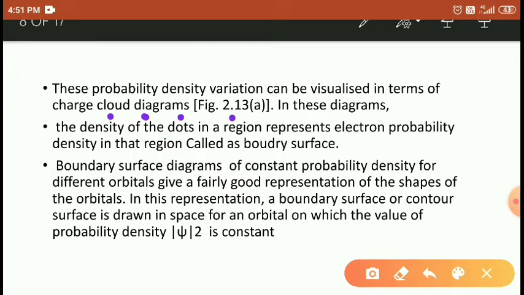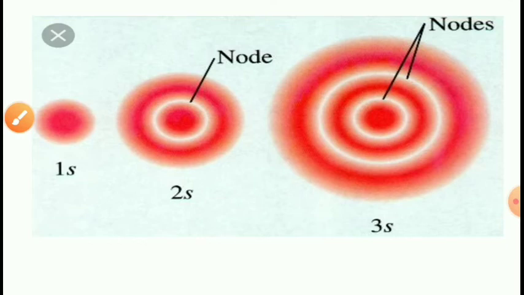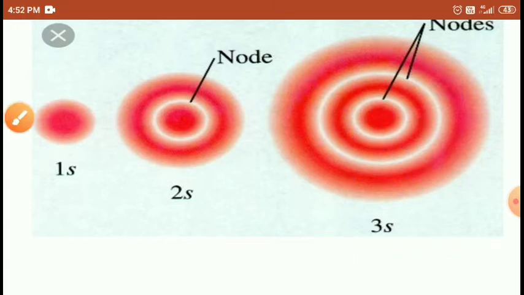That region is called a boundary surface. In this region the electron density is high, here, here, and here. The portion where maximum electron density exists we call a boundary surface.